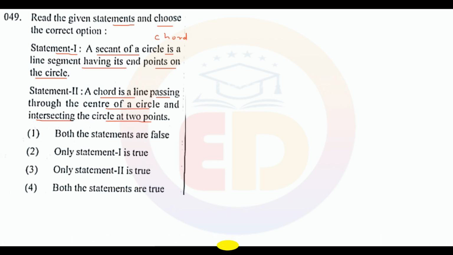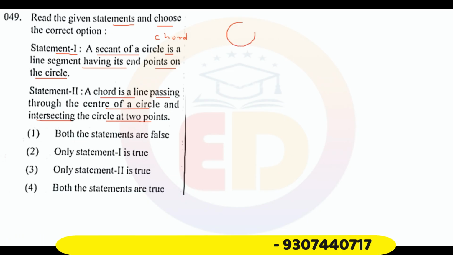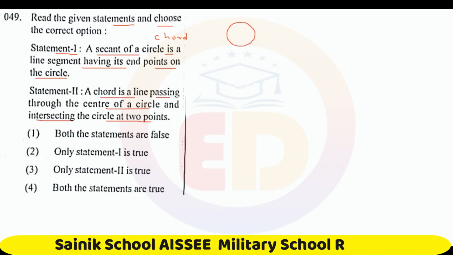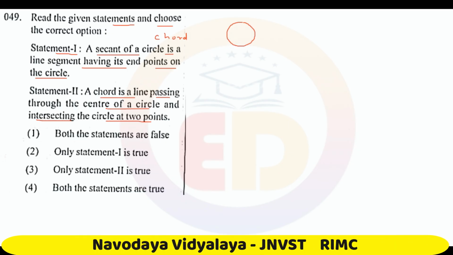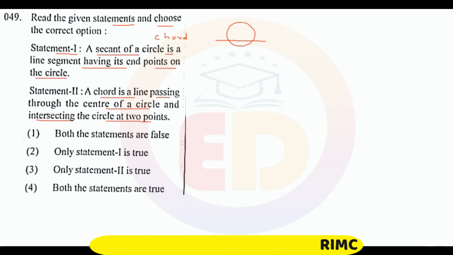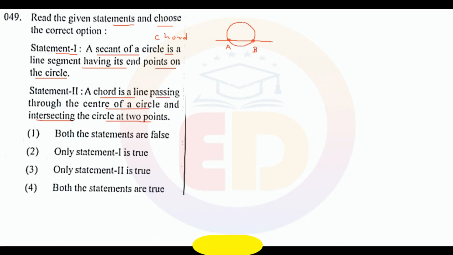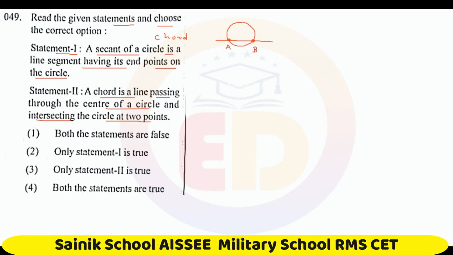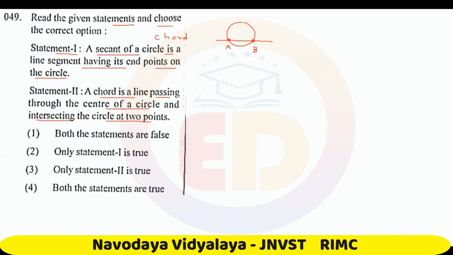Let us have a look at the second. Suppose this is a circle. Now what is a secant? Suppose there is a line which is intersecting the circle at 2 points. Suppose this is point A and point B. So it will intersect the circle at 2 points, and then it will continue.